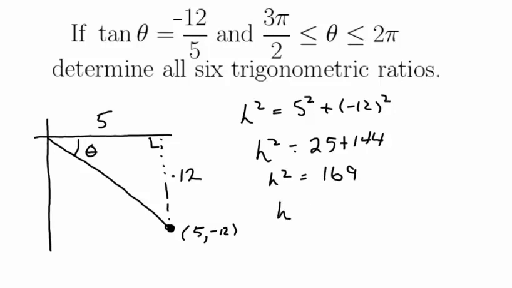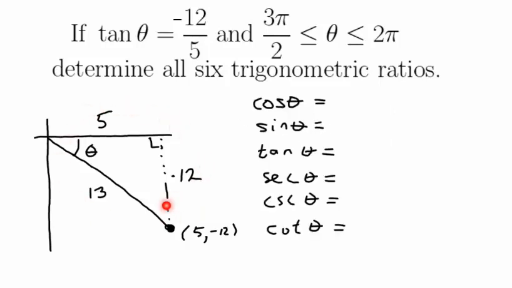Taking the square root of both sides, the hypotenuse must be plus or minus 13, but since the hypotenuse is the distance from our point 5, negative 12 to the origin, we're going to take a positive measure of 13.